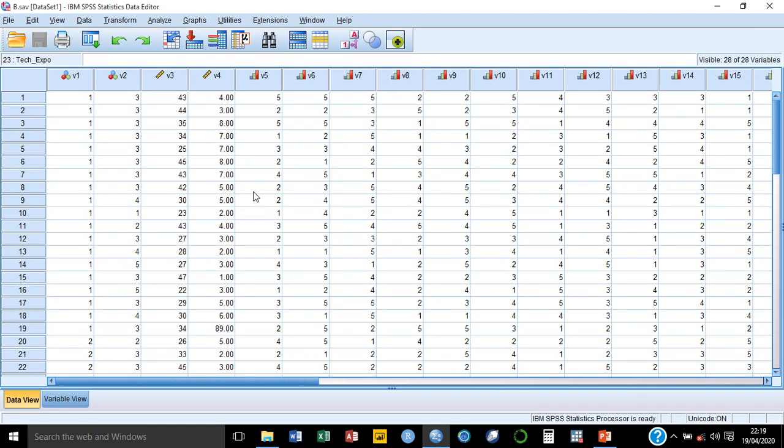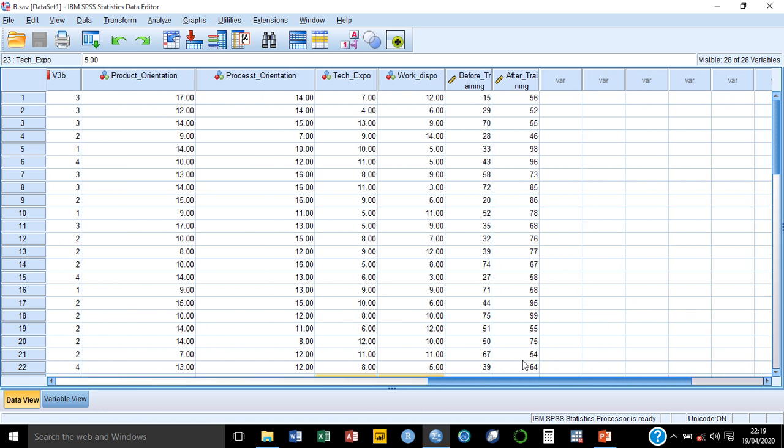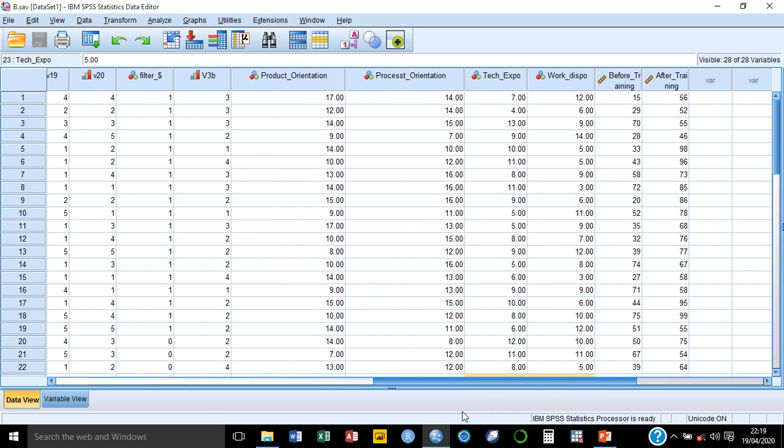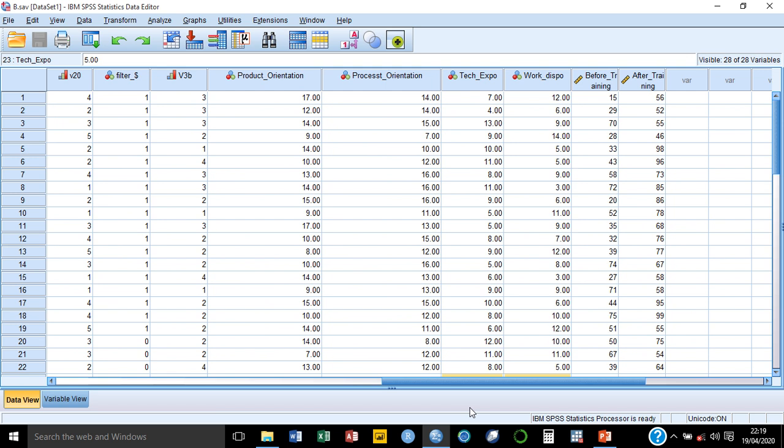Now don't forget, the main objective of this study is to check whether product orientation, process orientation, and technology exposure affect work disposition, or have an impact on work disposition.